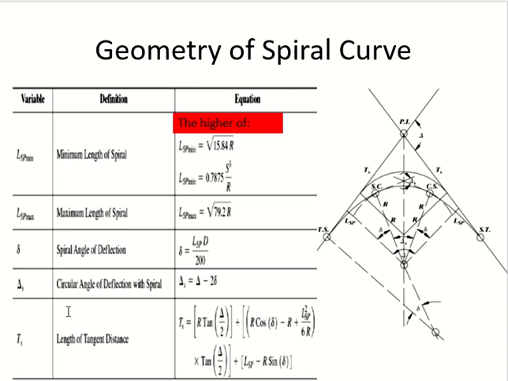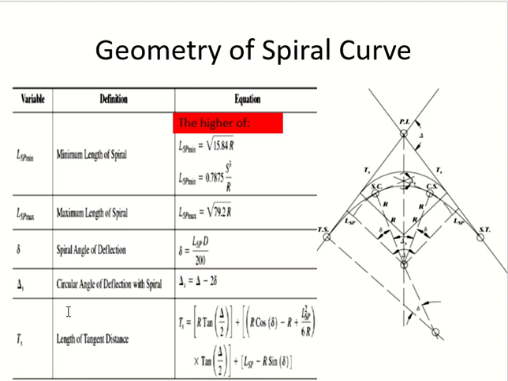So this is the start of the spiral curve. Then you will move on towards a circular curve. So a spiral curve will end and circular curve will start. So this point is called SC, spiral to circular, or spiral to curve.